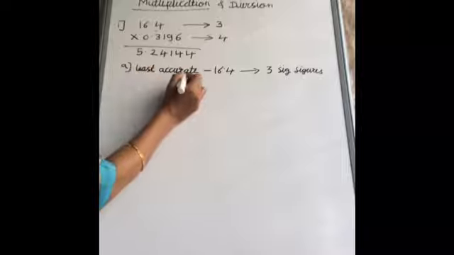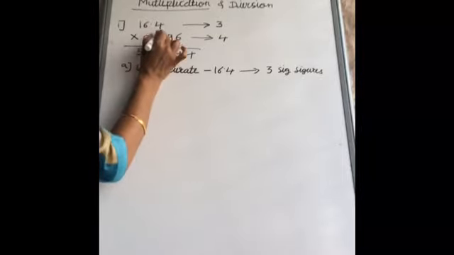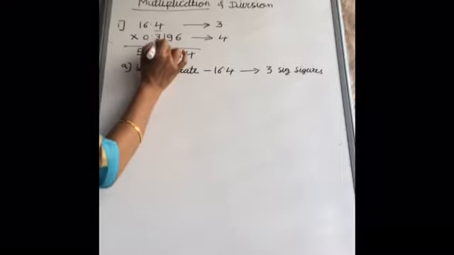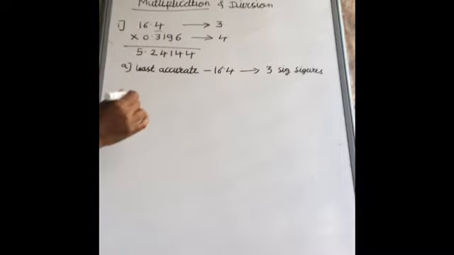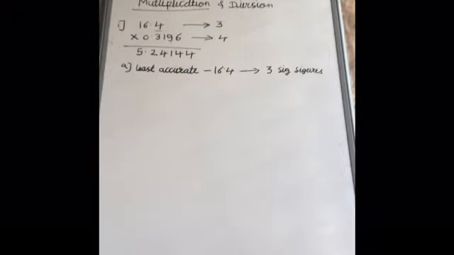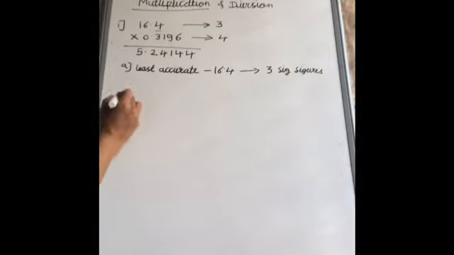Why is it less accurate? It gives only up to 0.1, while the other gives up to 0.0001. So it is least accurate or more uncertain, having 3 significant figures.